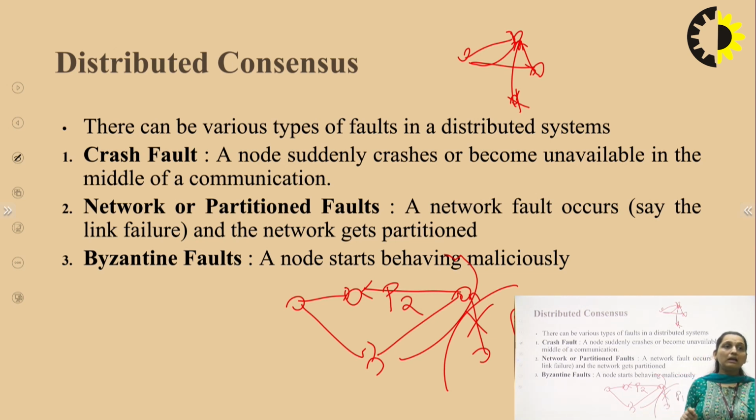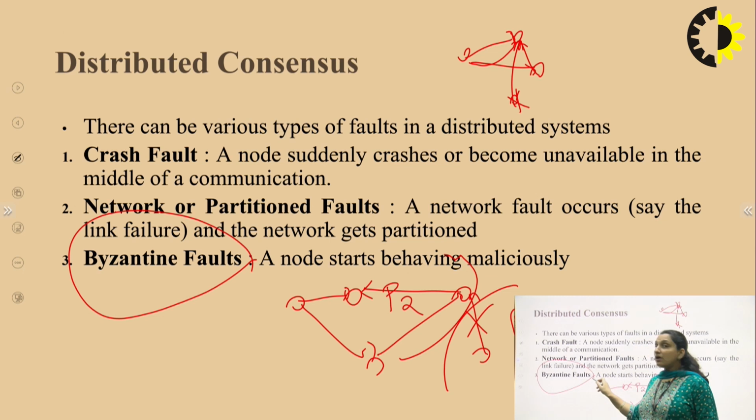There is a Byzantine fault when a node gives wrong information. It's not going down, it's not partitioning, but this is one of the worst things, when a node is giving wrong information. We don't know who the culprit is.